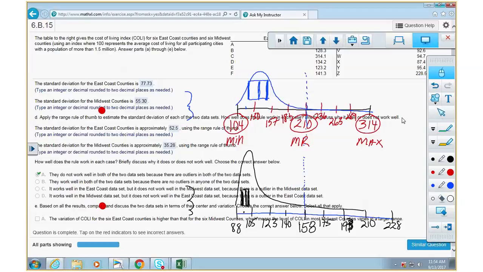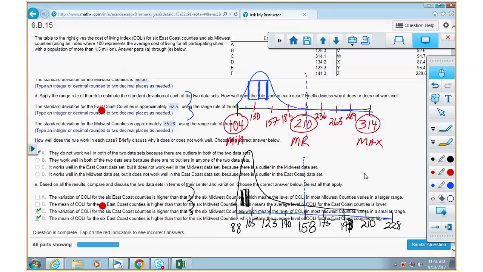Here's the range rule formula. The range rule of thumb is to take the range and divide by 4. So what is our range? Range rule of thumb is equal to the range divided by 4.